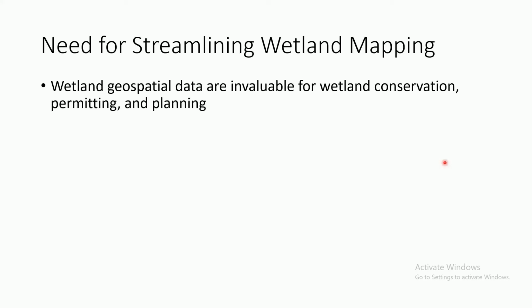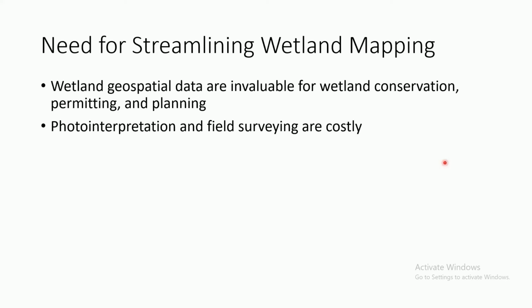And that really gets to the fact that wetland geospatial data are invaluable for these wetland conservation, permitting, and planning activities. Think about when you do an environmental impact assessment or mitigation banking, it's really important to know the distribution and the location of wetlands in an area.